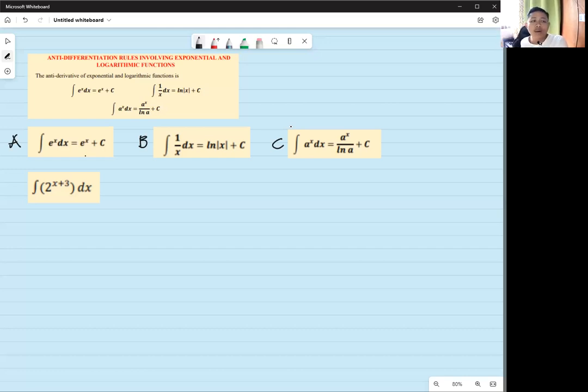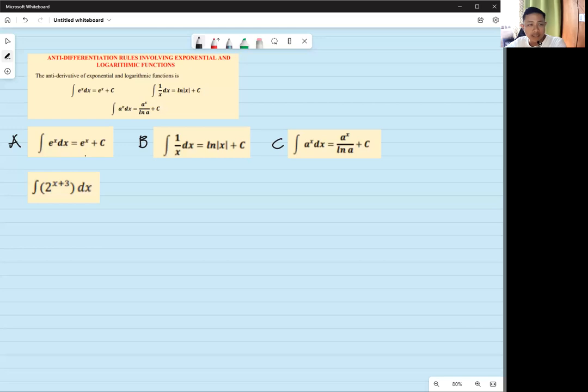But in here, we will only be focusing on natural logarithm. Okay, game. So which of these will be used? A, B, or C?